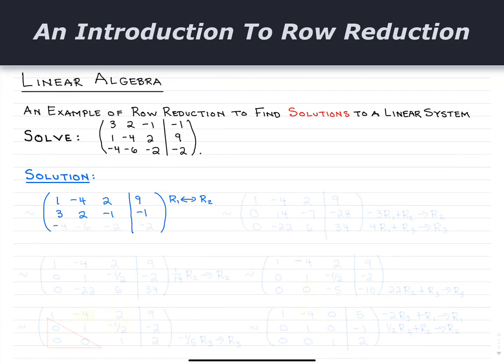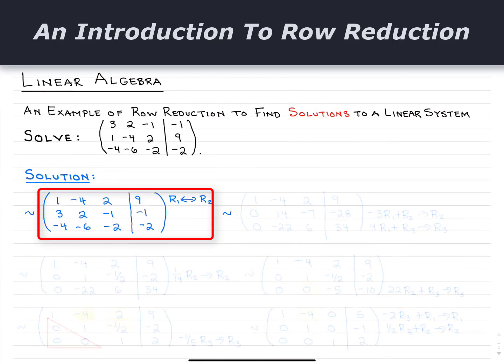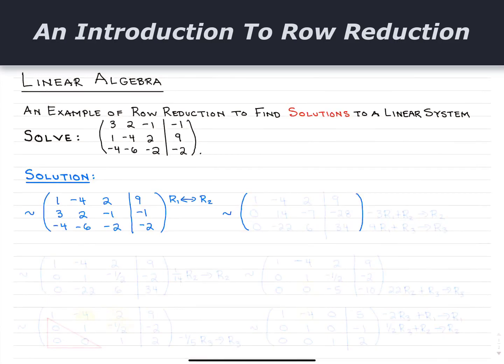And of course, nothing happens to row 3, so we'll recopy that or leave it the same. This is the first step of the reduction. Now for illustration, I'm going to reduce this in a way that illustrates some of the row operations. As we become more proficient, we will do this a little more quickly.